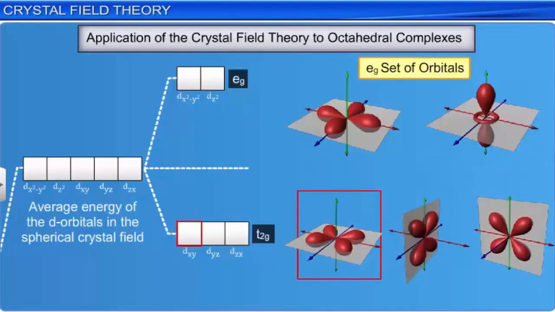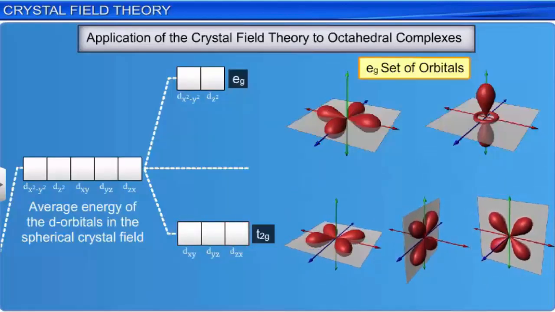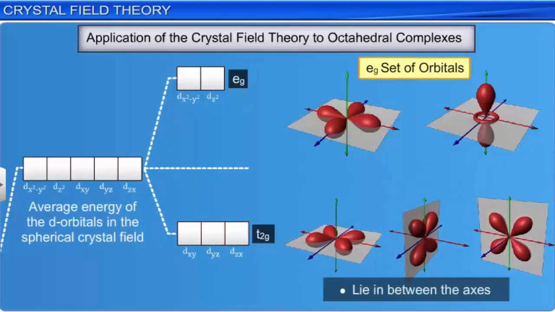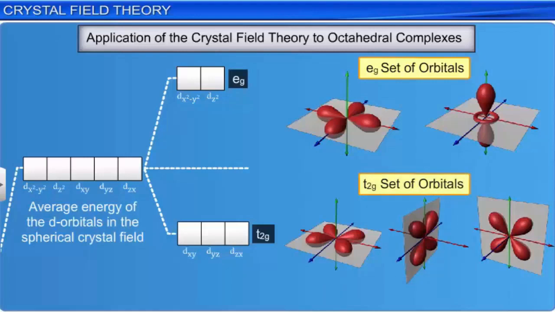The two degenerate d orbitals lying along the axis, that is dx square y square and dz square, have their energies increased, and these two orbitals are grouped as the Eg set of orbitals.